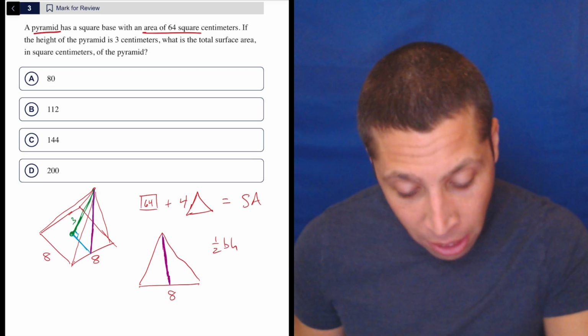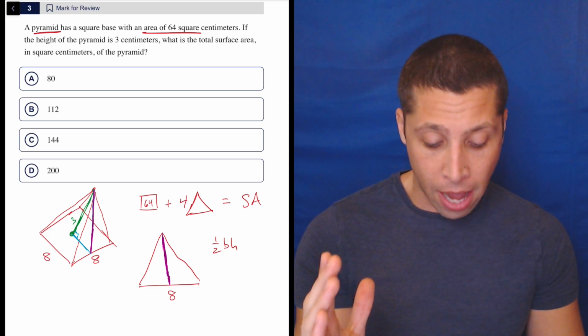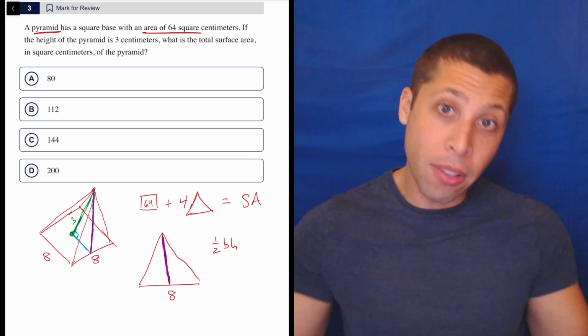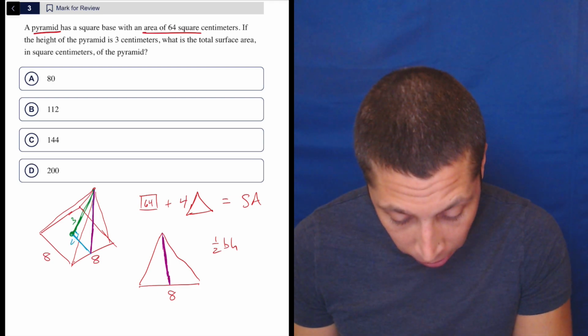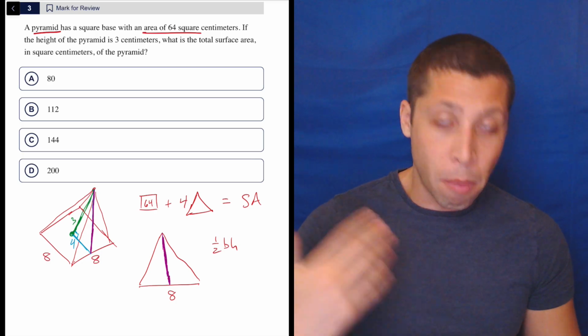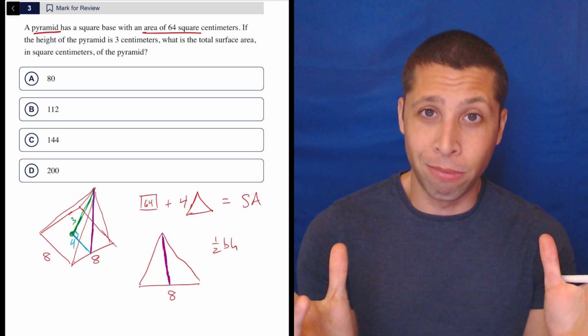How do we do that? Well, one leg of the right triangle is 3, that's the height. And that blue line that I drew is half of the length of the entire square base. So 1/2 of 8 is 4. We can do Pythagorean theorem here, but hopefully we also remember that 3, 4, 5 is a very common right triangle relationship.